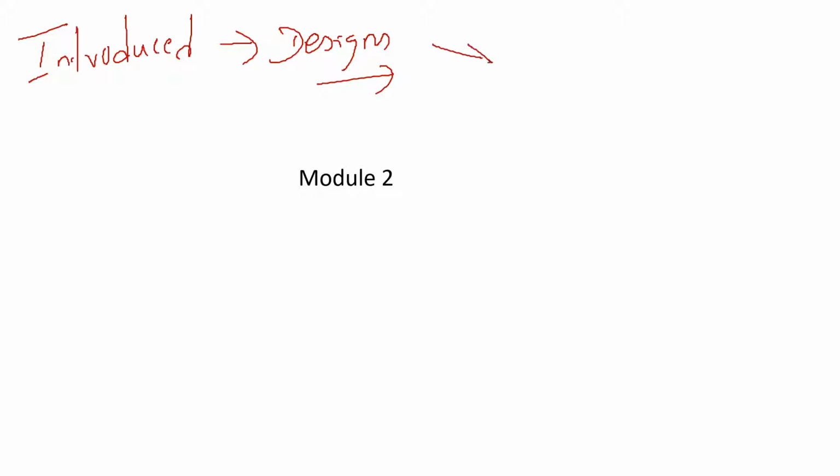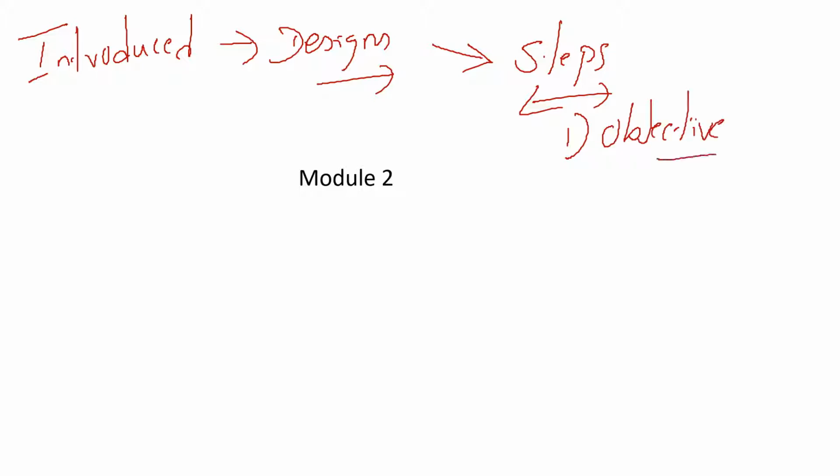Also we saw through several examples the various steps that are involved in the designing process, namely the objective setting. The most important thing is the objective setting, the list of objectives that we have to develop, and how we have to list the objectives, that also we discussed.